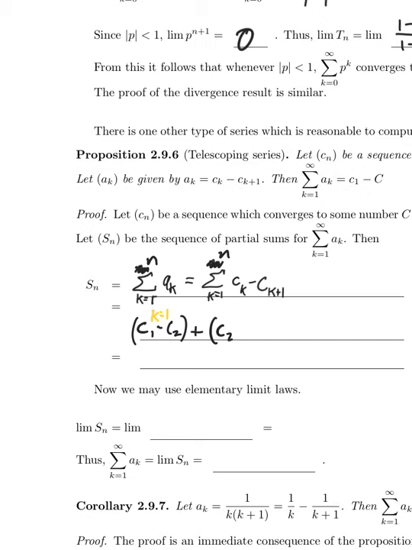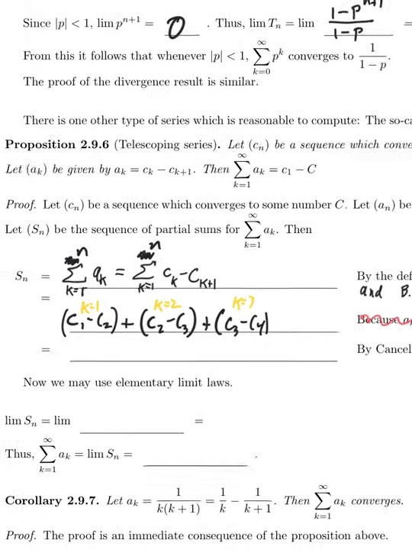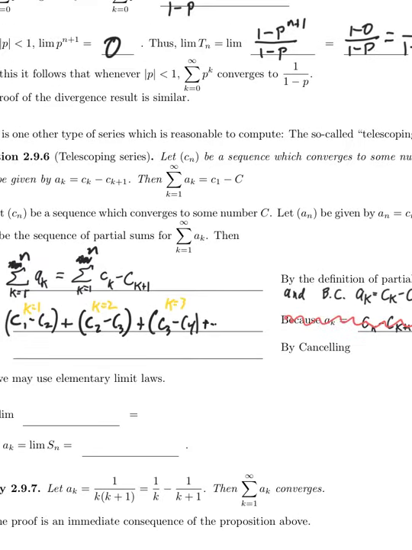That'll be C2 minus C3. And I want to keep on going. Let's write one more term before we put the dot, dot, dot. Plus C3 minus C4. Right here is the k equals 3 term. Carrying on, we'll stop when we make it to the nth term, Cn minus Cn plus 1. So there's the term when k is equal to n.